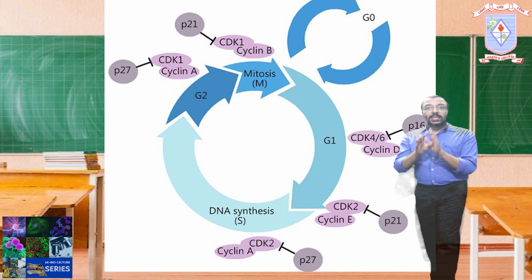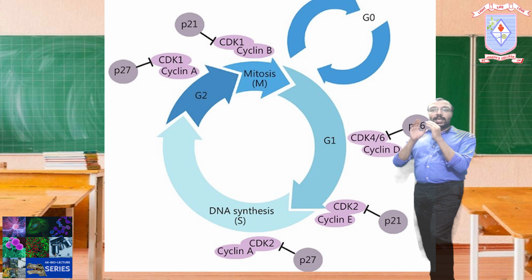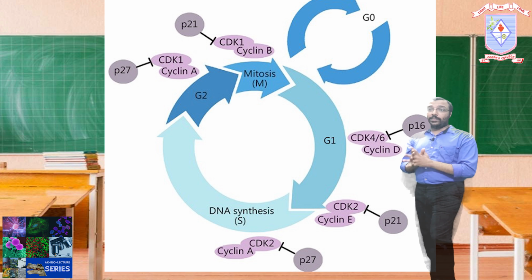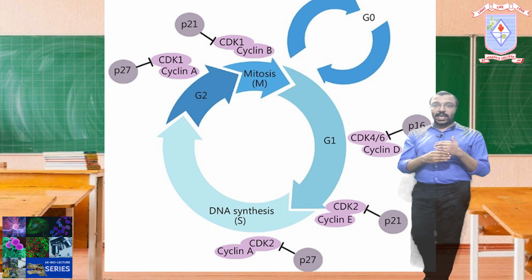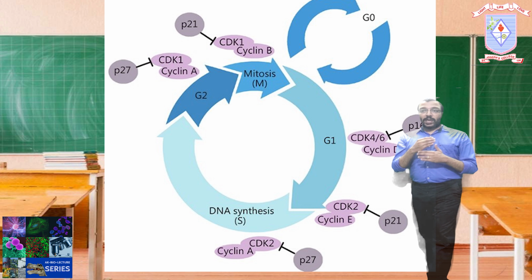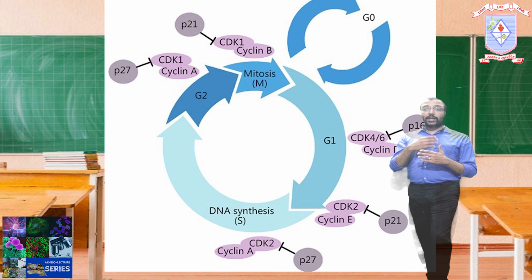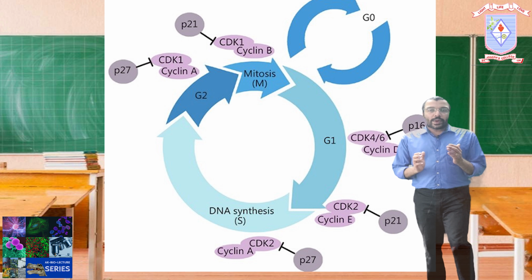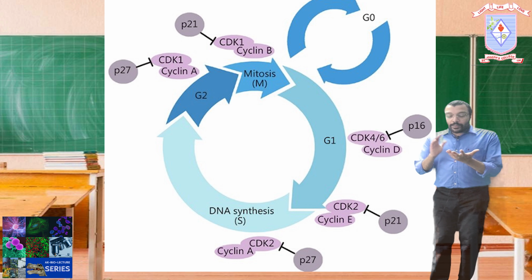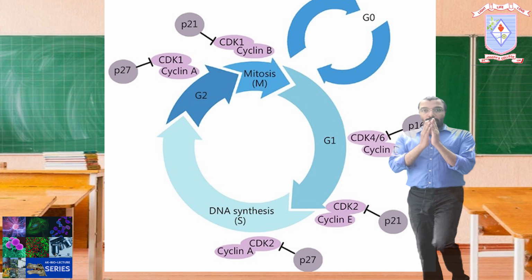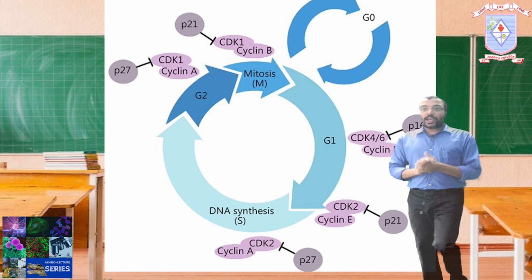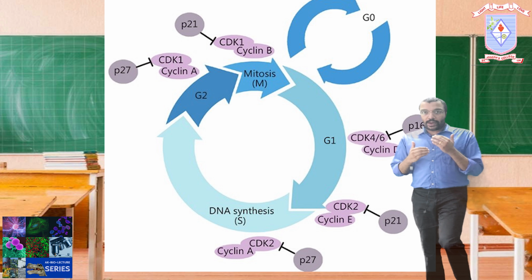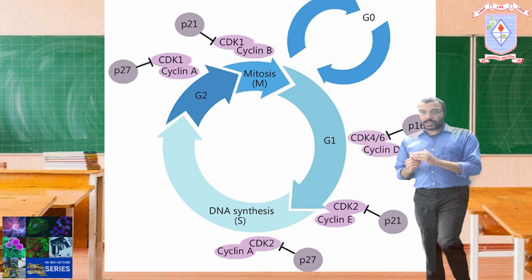They specifically inactivate CDK4 and CDK6 by forming a heterodimer of inhibitor and CDK. The heterodimer formation prevents the dimerization of CDK4 or 6 with D-type cyclin in G1 phase of the cell cycle and prevents the progression of the cell from G1 phase to S phase.